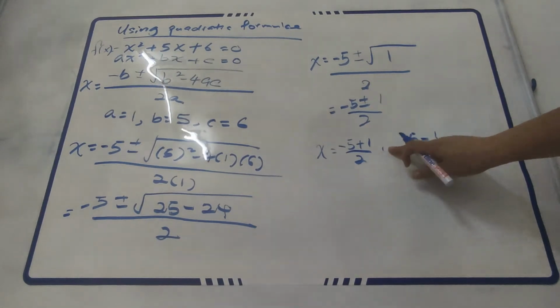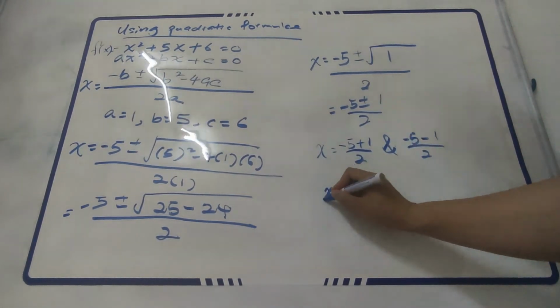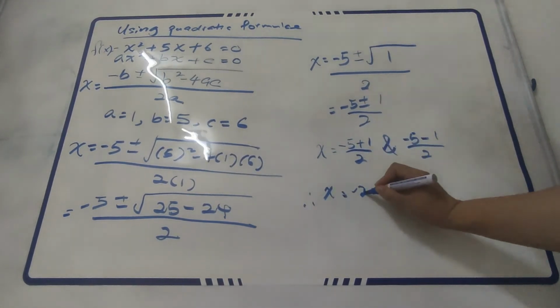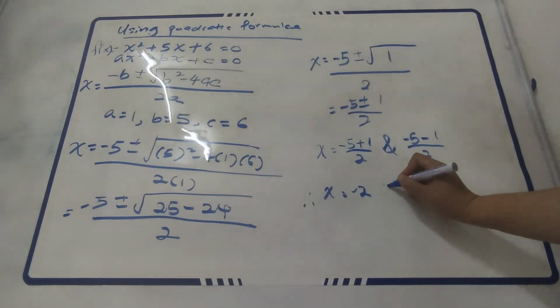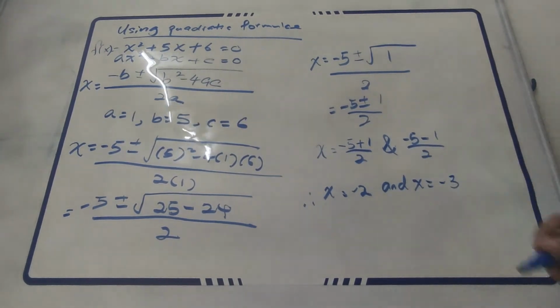Not or, I always make this mistake. Your x can be minus 2, because 4 divided by 2, and x can be minus 3. So this is how you use the quadratic formula to find the roots inside the quadratic equation.